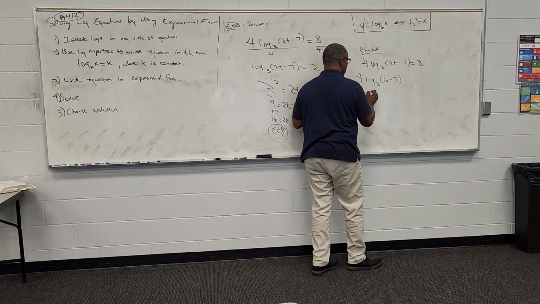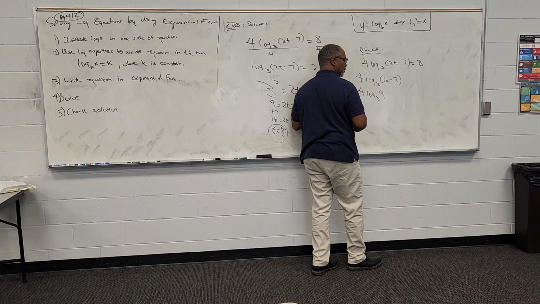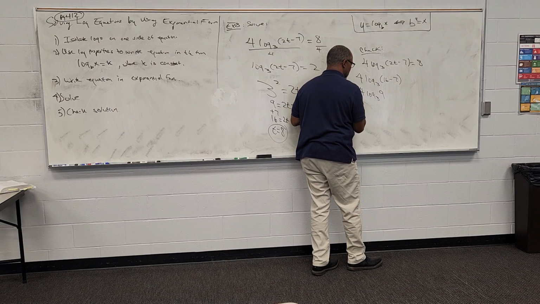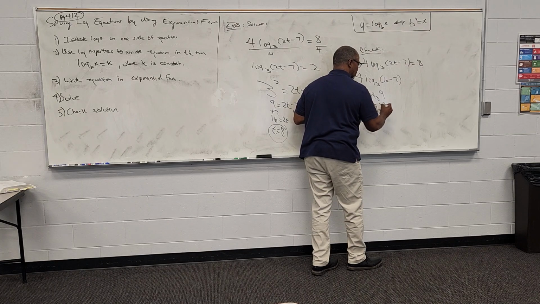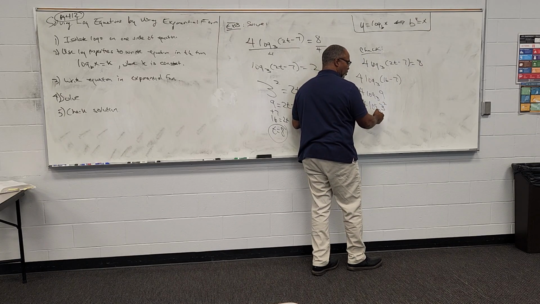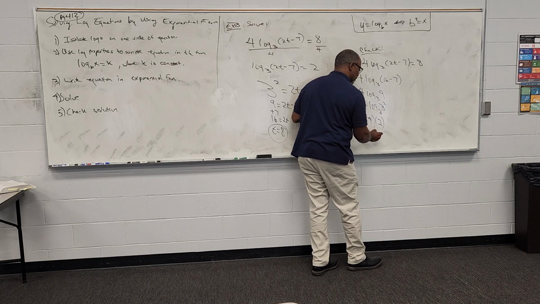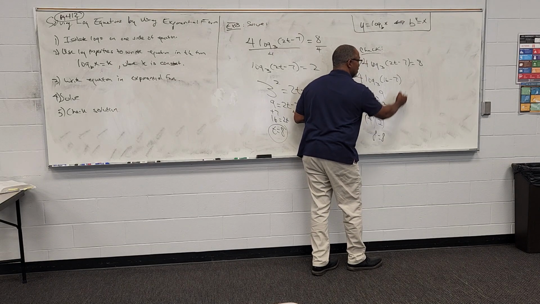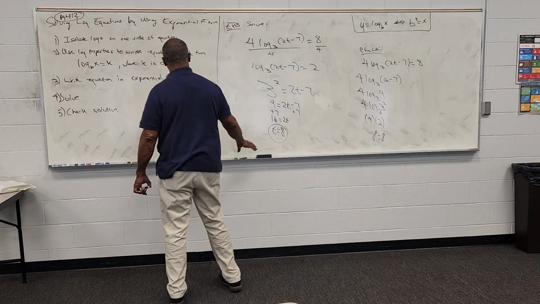Well, that makes 4 log to the base 3 of 16 minus 7, which is 9. But 9 is the same thing as 3 squared. But log to the base 3 of 3 squared is 2. That's one of those log properties. And 4 times 2 is 8. So you get 8. That is a good solution.